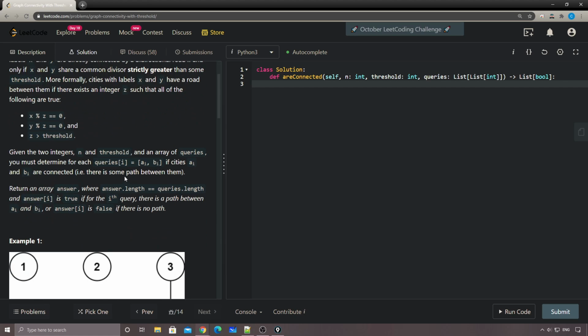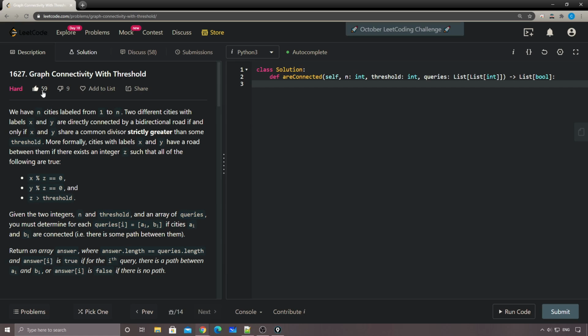What makes this one a difficult problem is that you have 1 to n different nodes here, but there's a rule to draw an edge between two numbers. The rule is they have to have a common divisor which is greater than the threshold. Okay, so that's the criterion here.